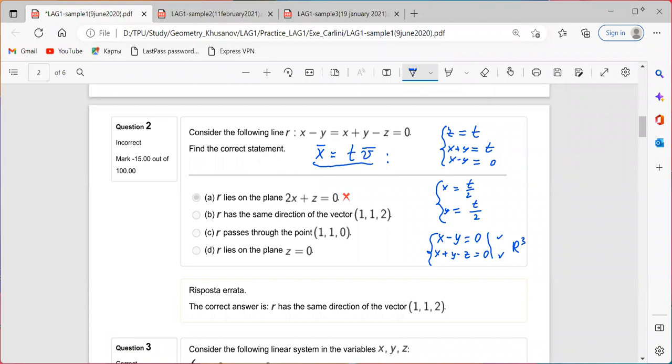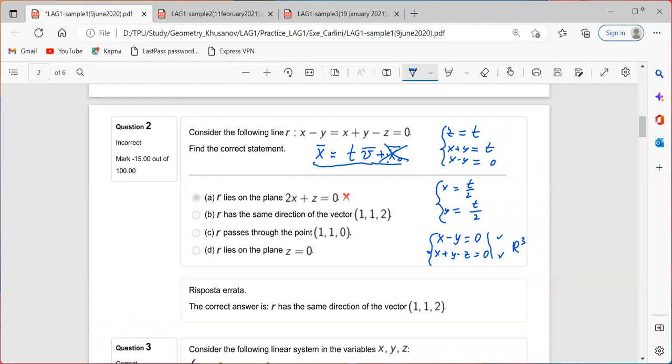Why does this line go through the origin point? Because really we have to put here some point, vector x0, but in this situation, x0 will be equal to 0 to show that the line goes through the origin point. So this x0 we can eliminate.